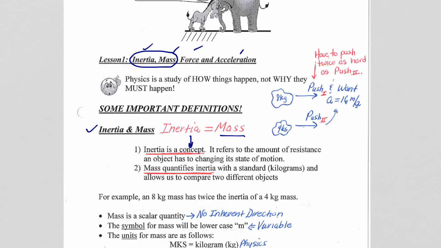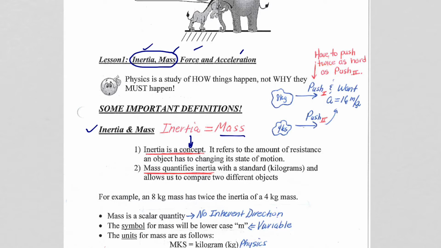And we're going to see that this concept of inertia is an inherent property of matter, and what it refers to is the property of matter that describes how much resistance to change in motion objects have. And the mass value we give quantifies that.